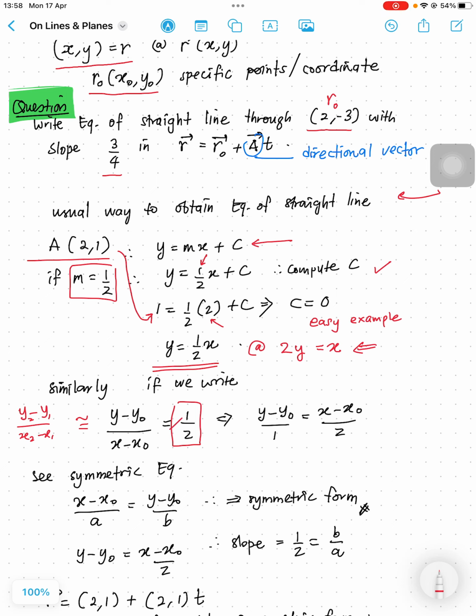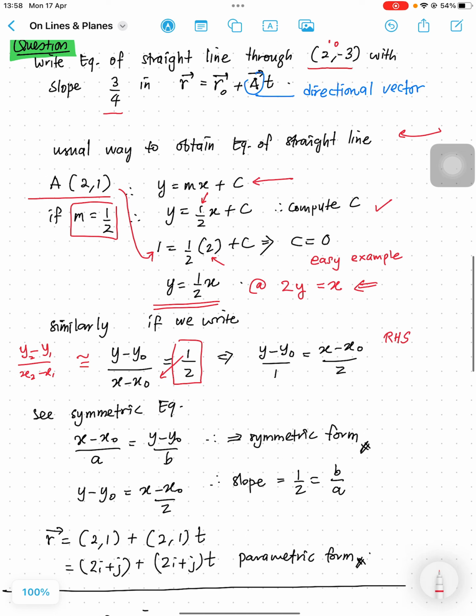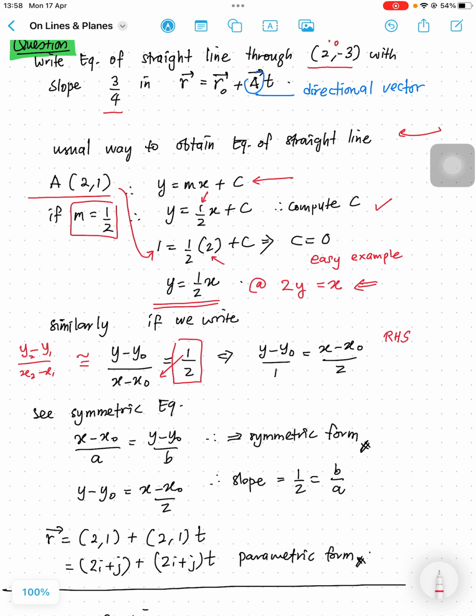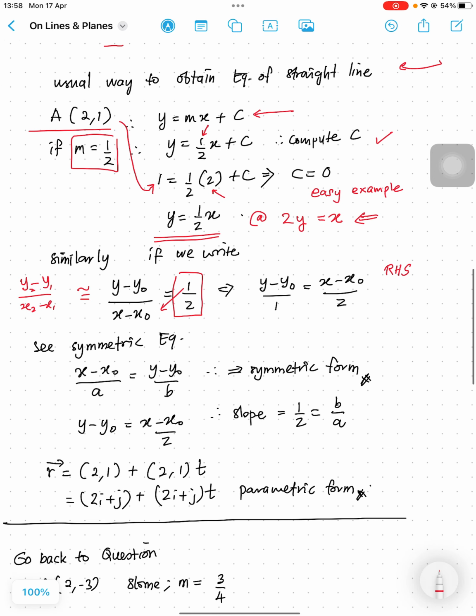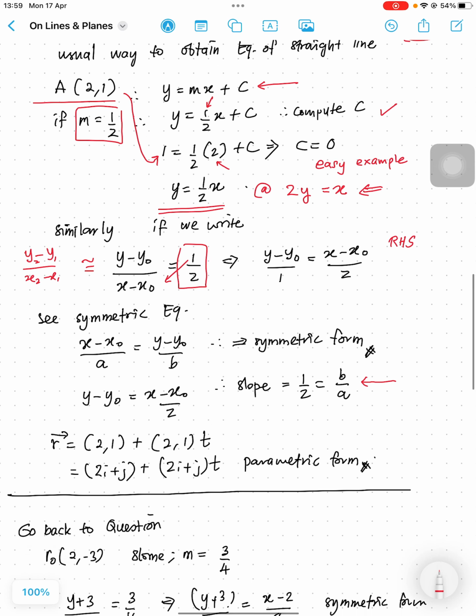You drop 1 here, and then you put x minus x0 to the right hand side. And this is the symmetric form. So if you solve it, you know that your slope is half. Then you always know that your slope is b over a.